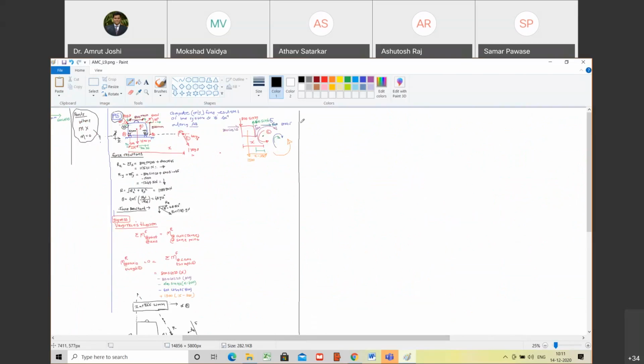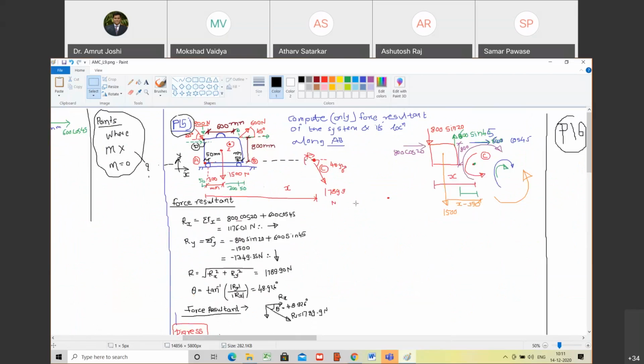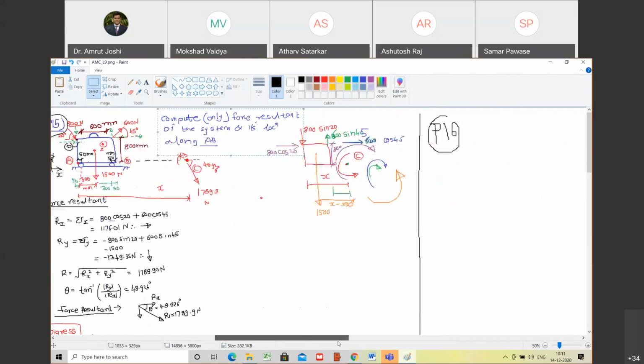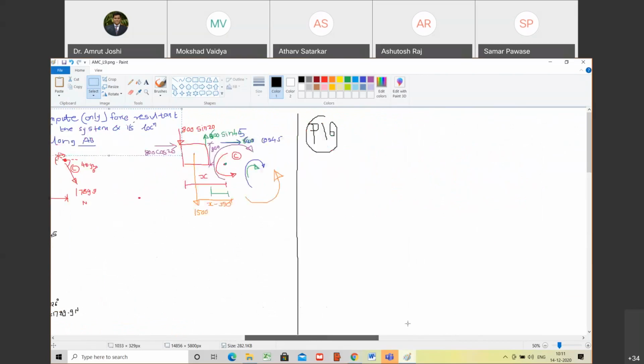So now we are solving problem 16, where essentially the statement is same. यही statement है. लेकिन instead of finding the point along AB, you have been asked to find the point along AD. Are you with me? Yes, sir. Okay. So I will just modify that statement and we will solve it quickly.